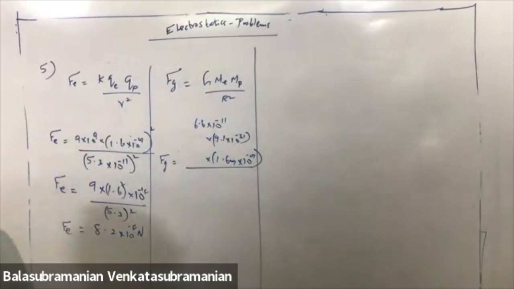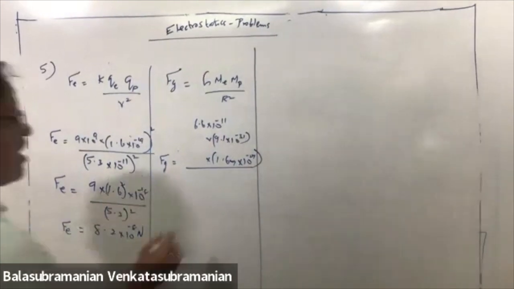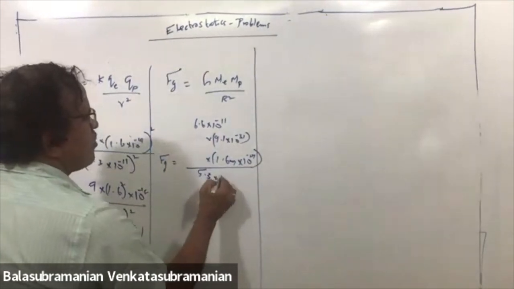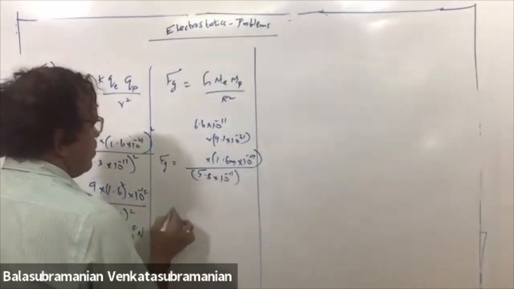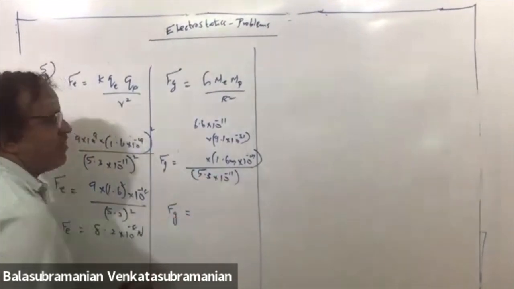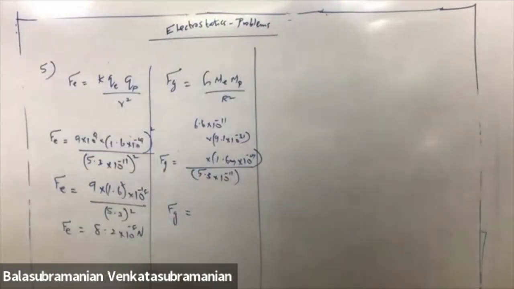Simplify. Separated by a distance 5.3 into 10 power minus 11. So this is gravitational force of attraction between proton and electron. 2.41 into 10 power 39.